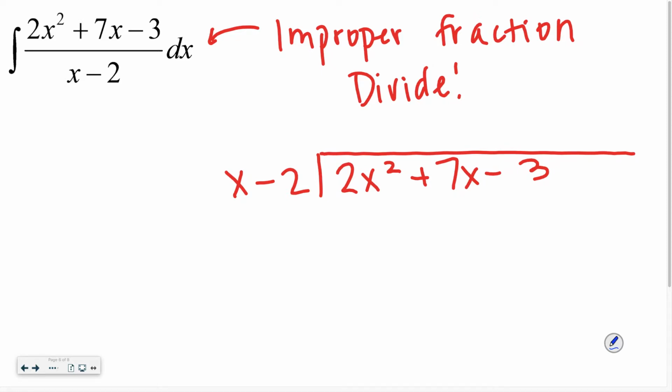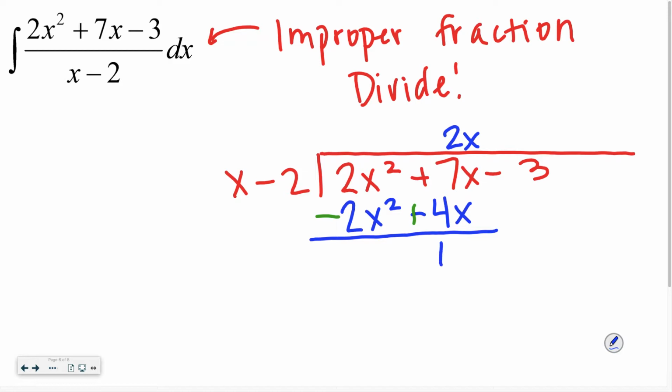Okay. X times what is 2x squared? 2x. Okay. And then we take the divisor times 2x. And what do we do? We subtract. Add the opposite.